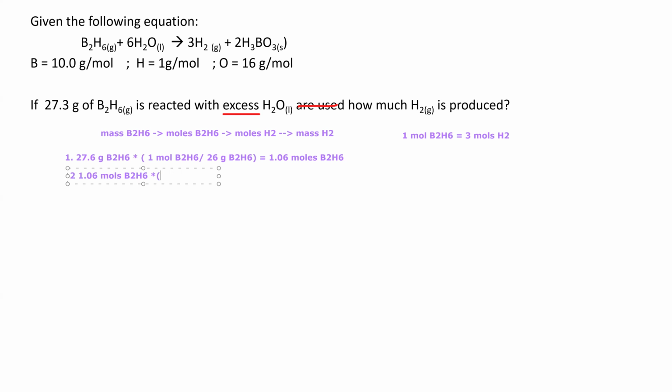Since we're starting with B2H6, it will go on the bottom, H2 will go on top. So here we'll get 3.18 moles of H2. That's step 2.